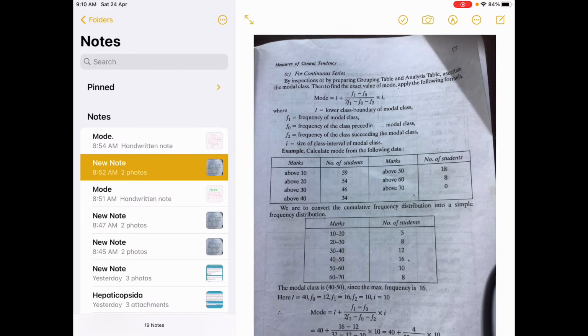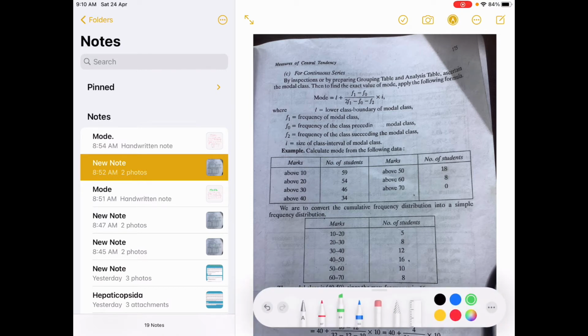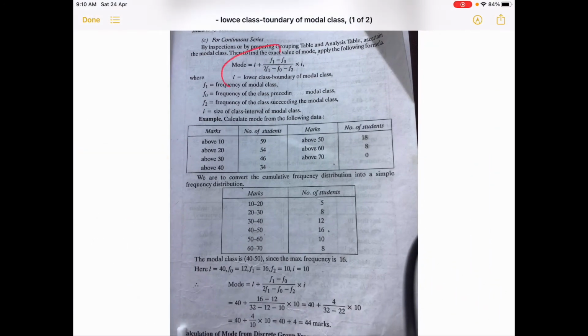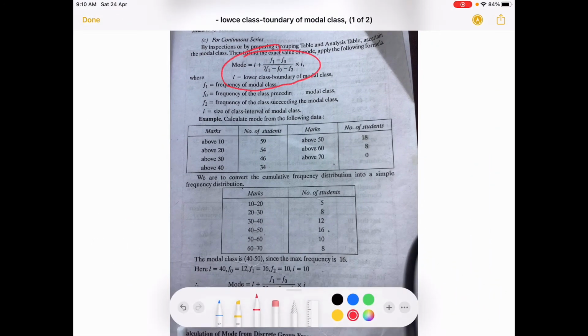Then this particular formula you are going to apply.